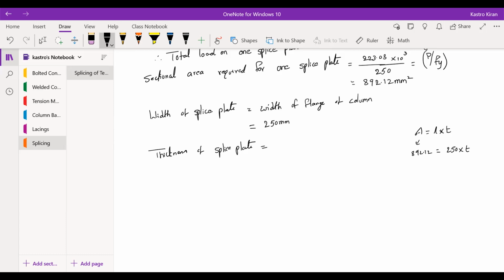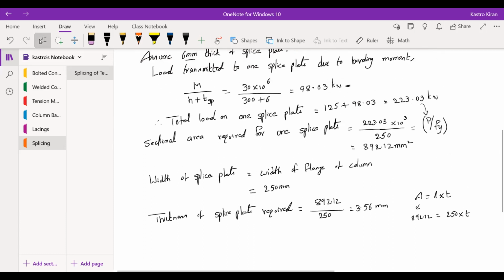So the thickness of splice plate required equals area, that is 892.12, divided by width, that is 250, which will be 3.56 mm.